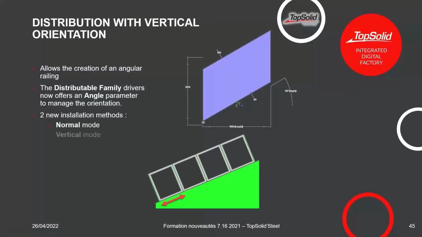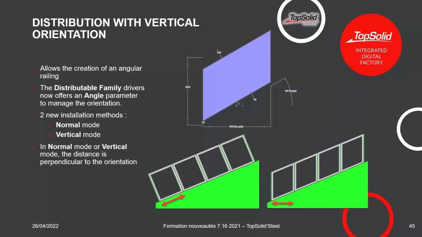All right, next, in assemblies, we have distribution with vertical orientation. This one's primarily for a newer product that we released about 2 years ago called TopSolid Steel. It's for working with structural steels to make staircases, railings, whatever, for construction, right?